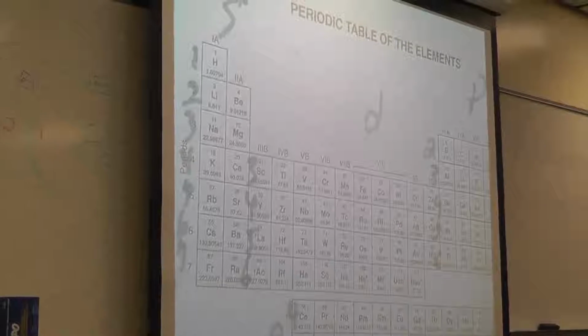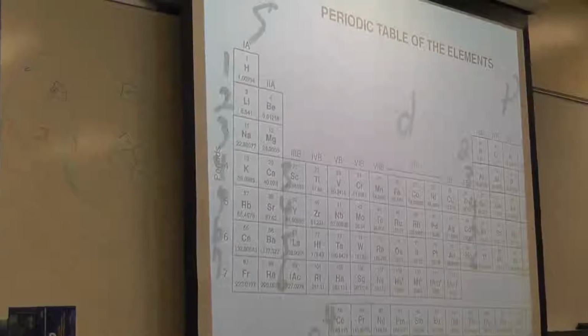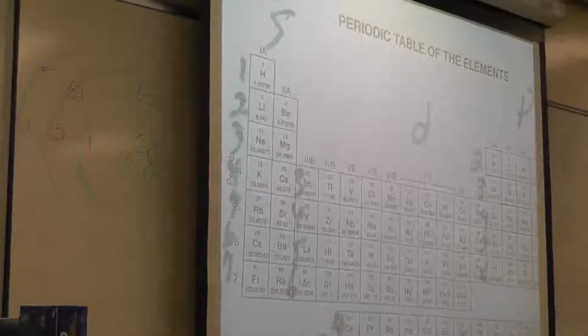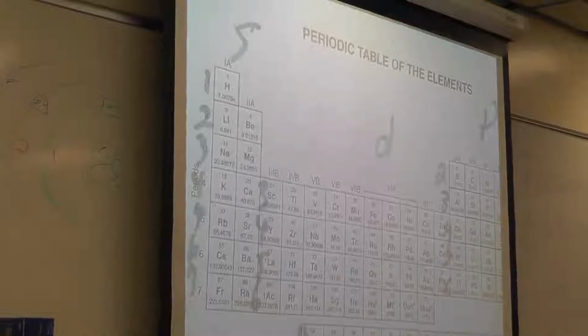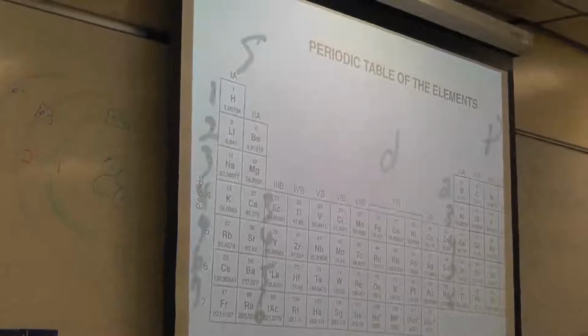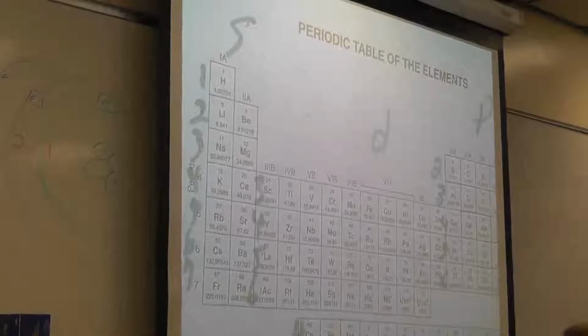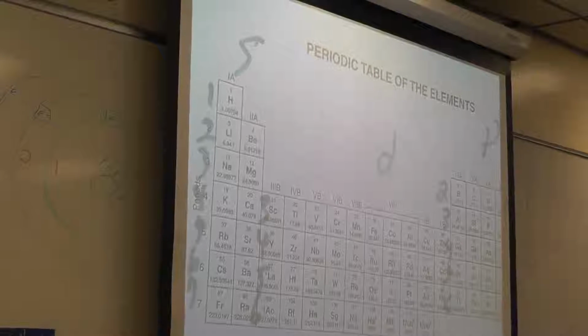So benefit number 1 of using the periodic table is you don't have a scheme that you need to memorize. You don't have to memorize that 4s comes in before 3d or anything like that, because it's all laid out there for you. It's also a benefit that it works for all the elements, not just a few of them.